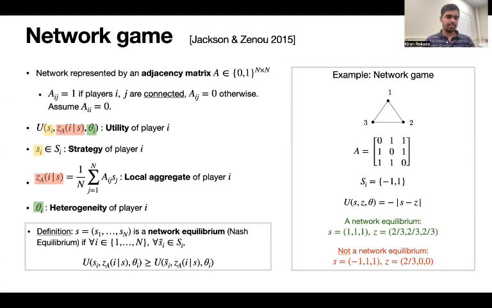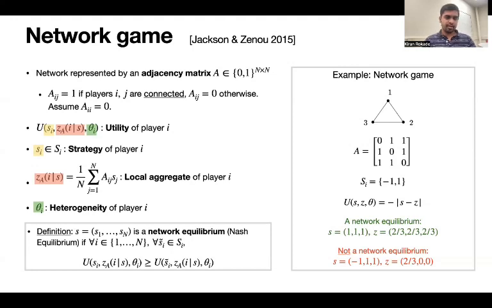The first argument is the strategy of the player. The second argument is the local aggregate, which consists of the strategies of all the other players. So this is essentially an average of the strategies of all the neighbors of player i in the network. And the third argument of the utility function is the heterogeneity parameter. This parameter distinguishes player i from other players in the network.